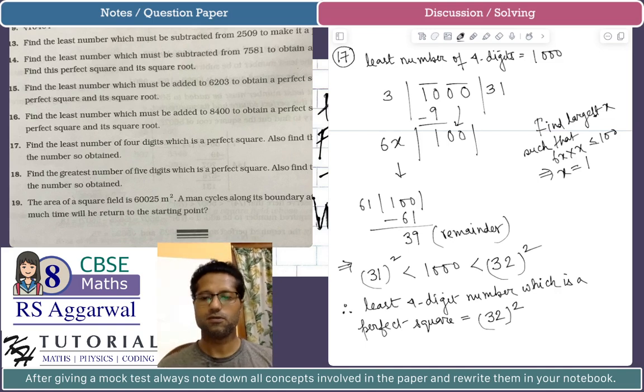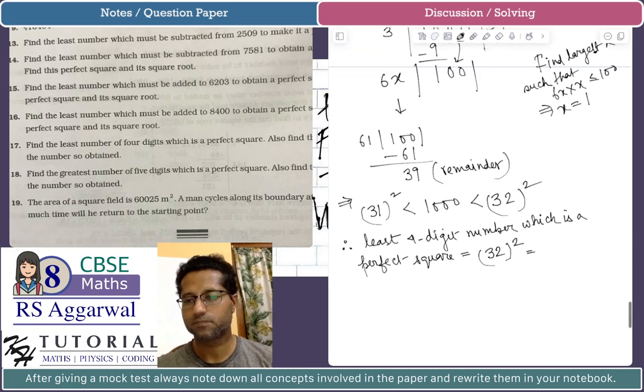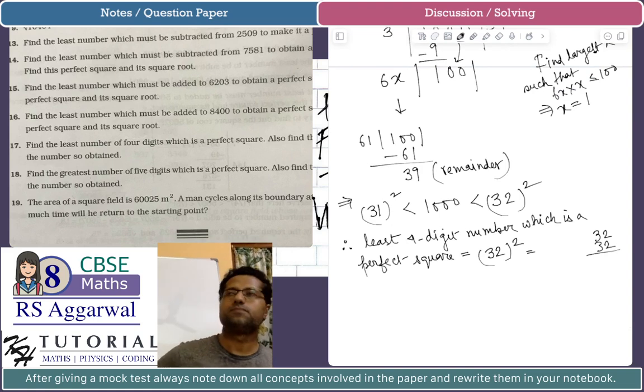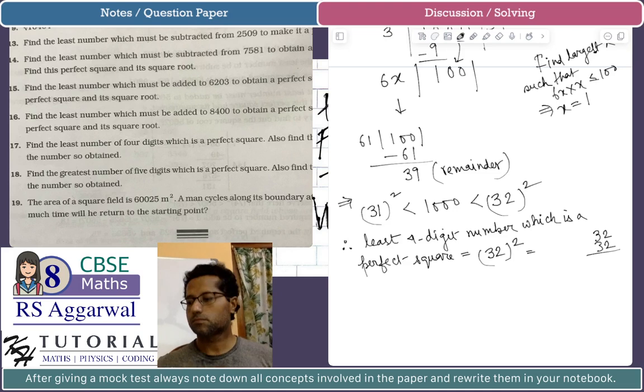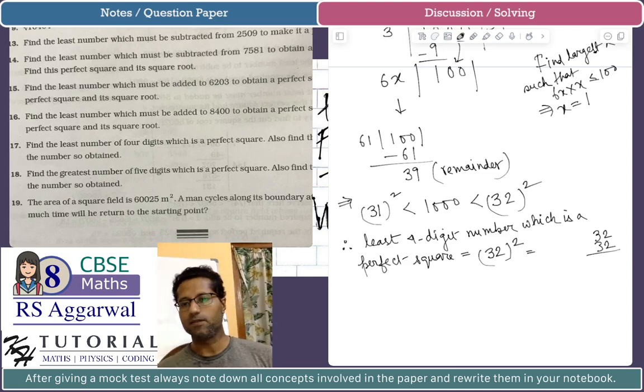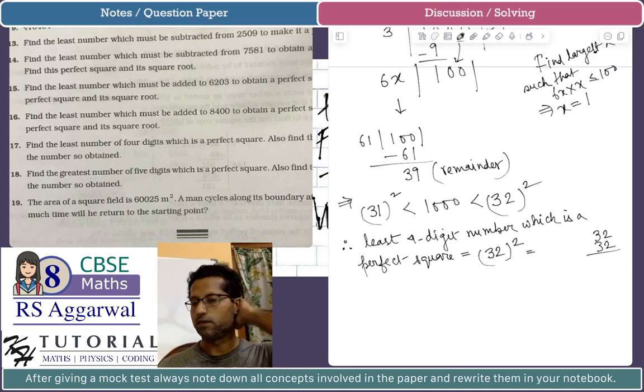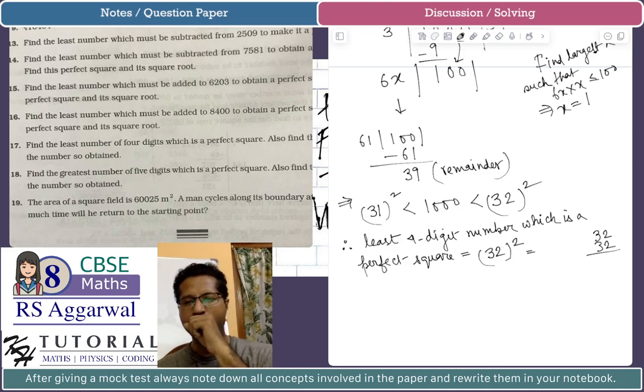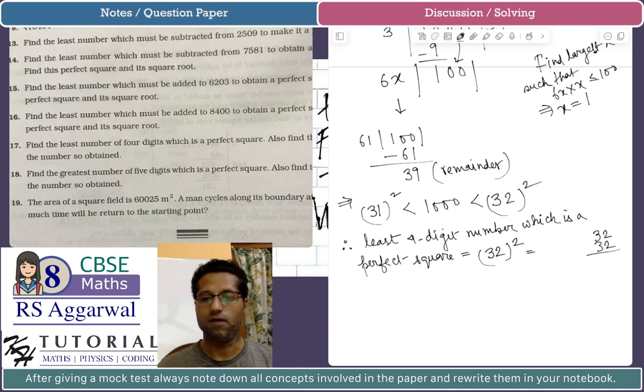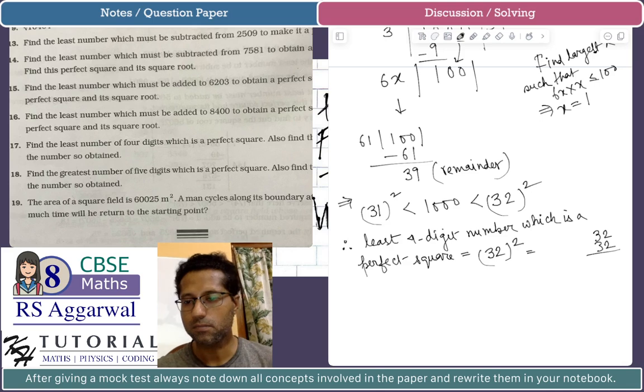So how much is 32 square? 32 multiplied by 32. If you apply the shortcut methods of finding the square, that will be a wiser way of solving it, but I am directly multiplying 32 with 32.